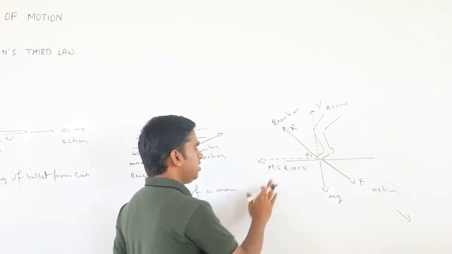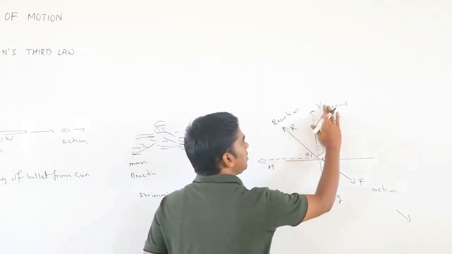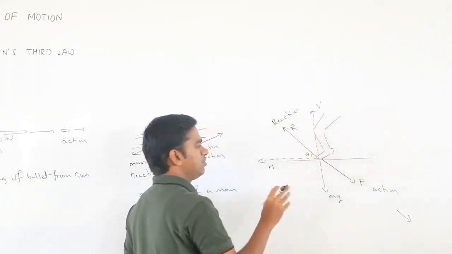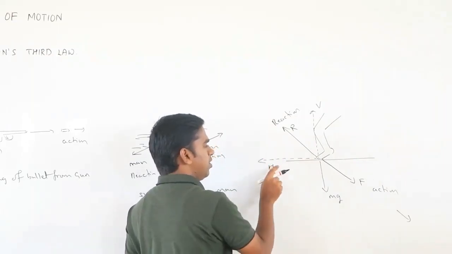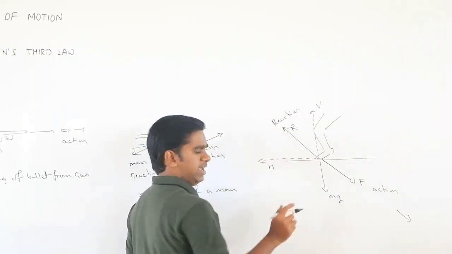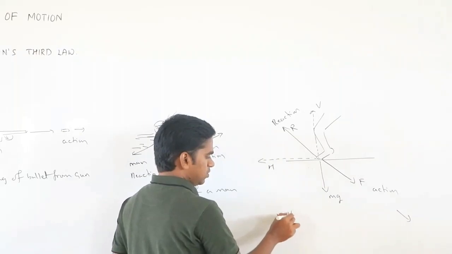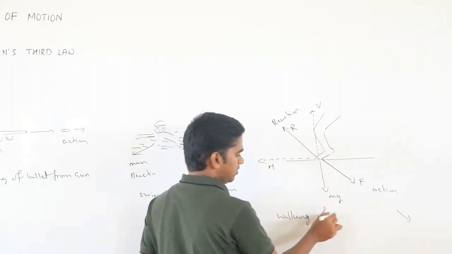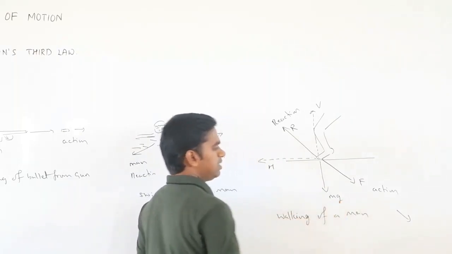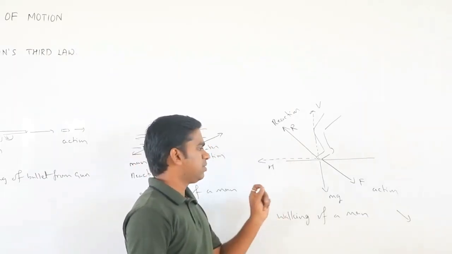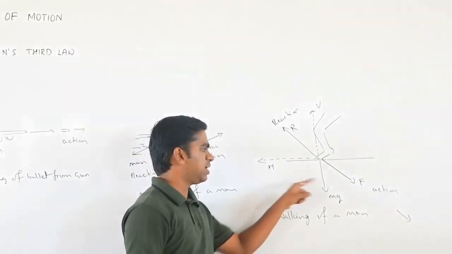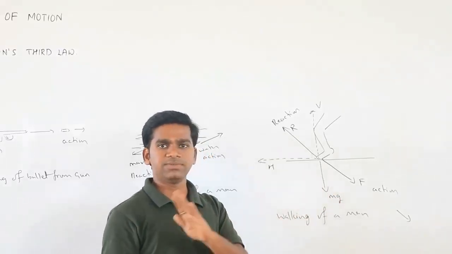So it is very important to understand the working of a person. You are walking because of the horizontal component of the earth's reaction. So the walking of a man is also a best example for your action-reaction pair. Remember, walking is a process due to the reaction of the earth, not because of your action.